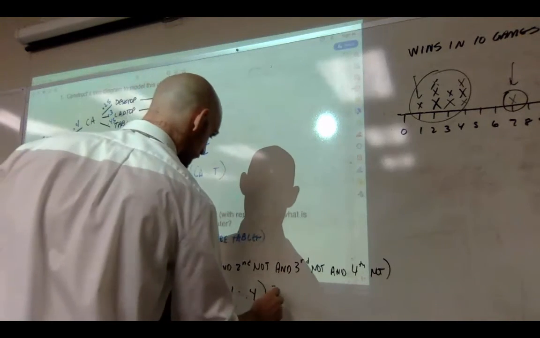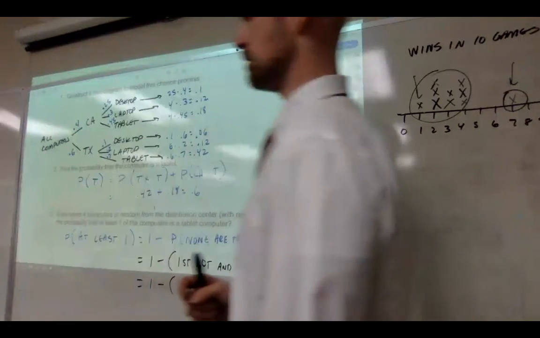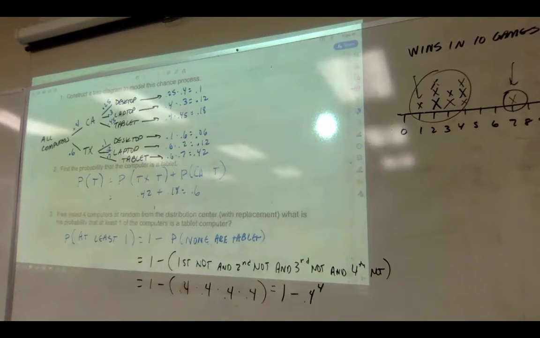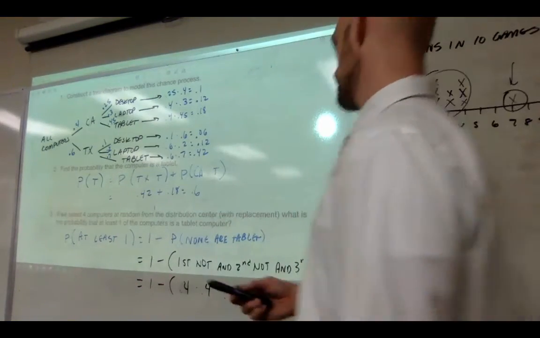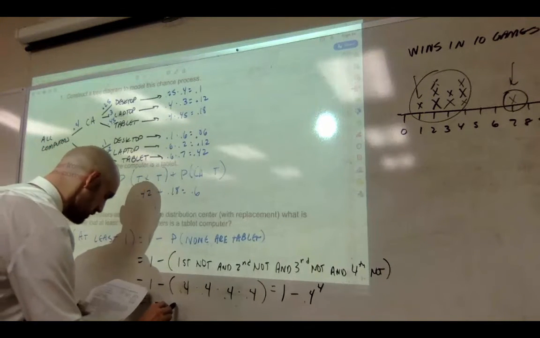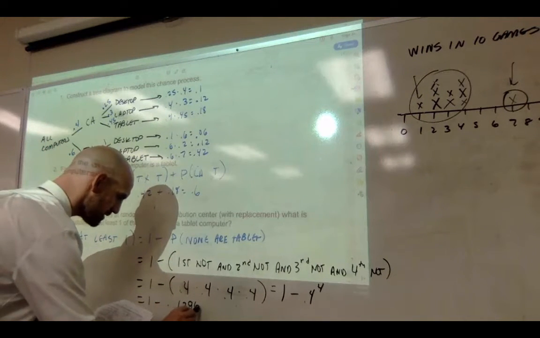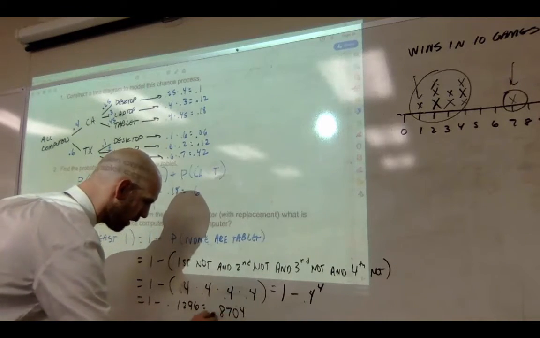A shorthand way to write this would be 1 minus 0.4 to the fourth power, which is 1 minus 0.1296, which is equal to 0.8704.